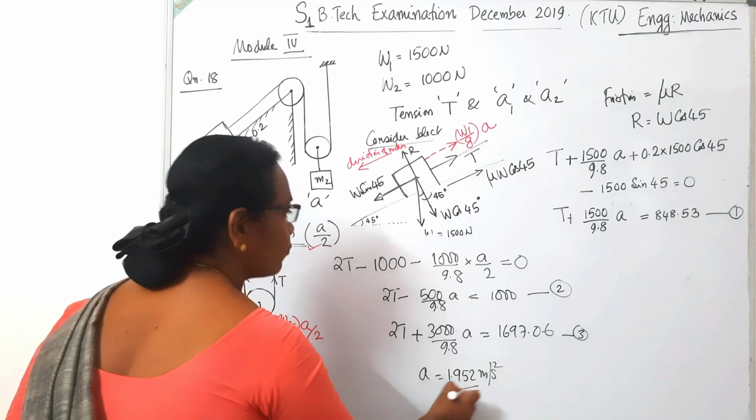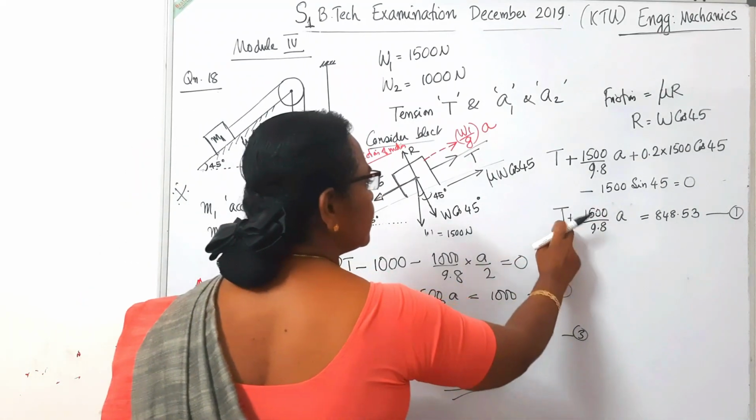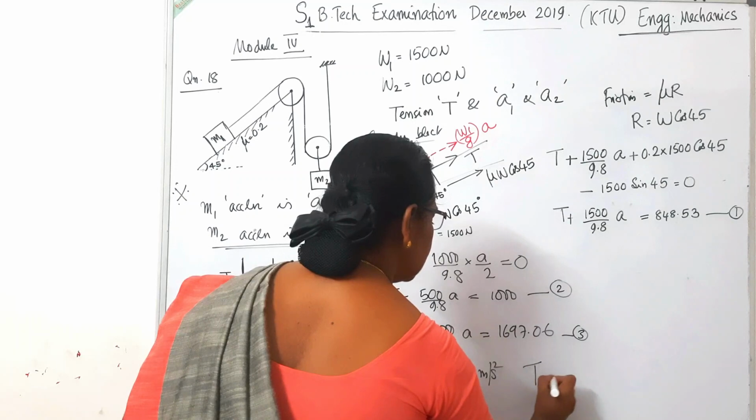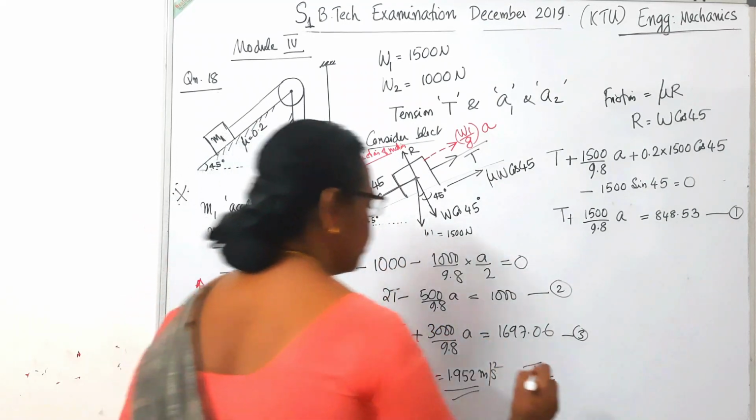Now substituting this value of A in any of these equations, you will get T. We get T is equal to 549.